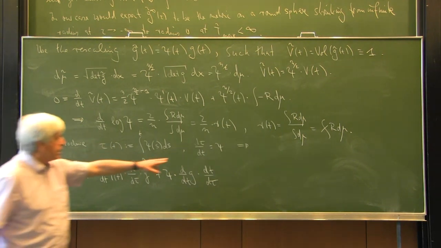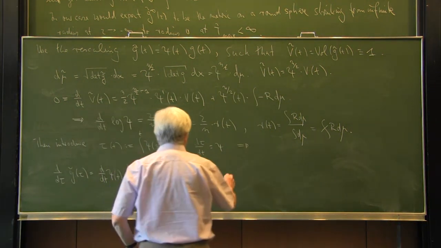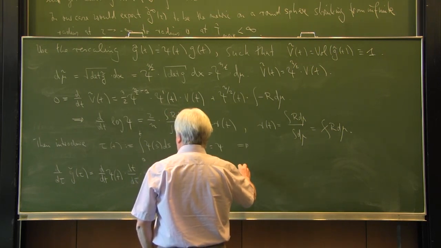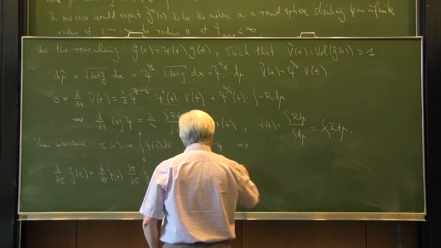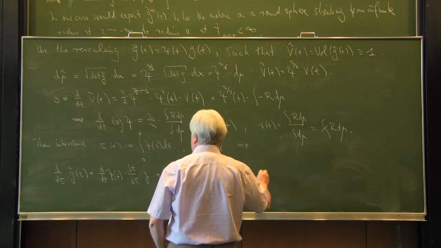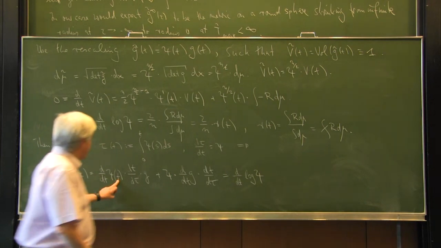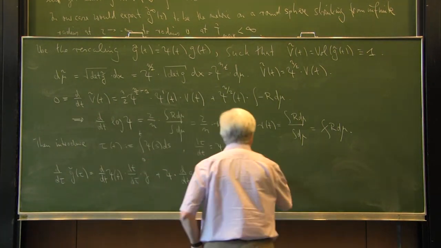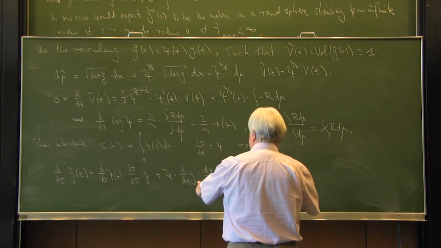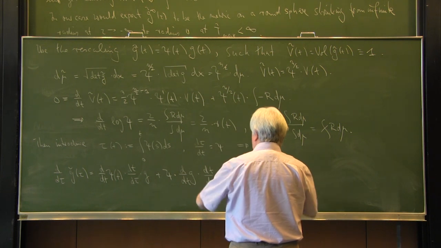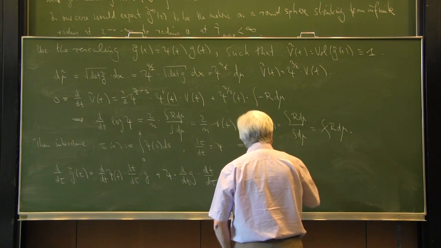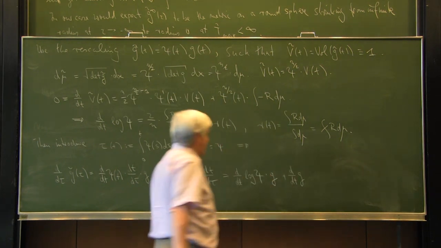which gives us a psi to the minus 1 here, so we get d/dt of log psi from here times g, and we get from here minus the dt, this just cancels, so we get plus d/dt of g.